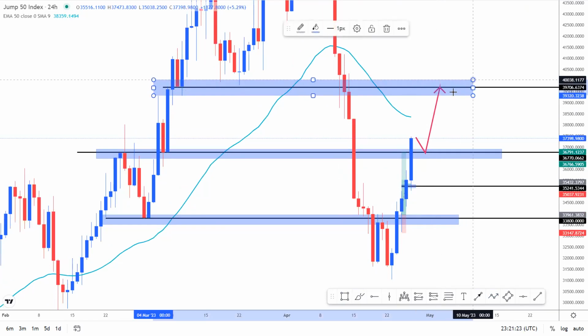It's that simple, guys. Wait for the current daily candlestick to close bullish, breaking above this level.